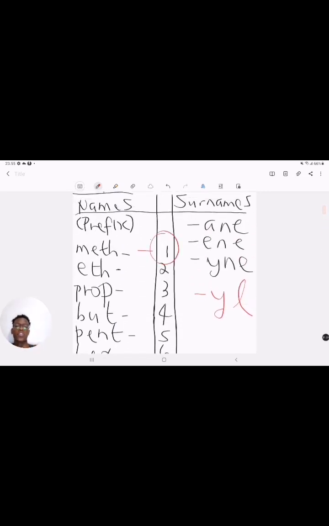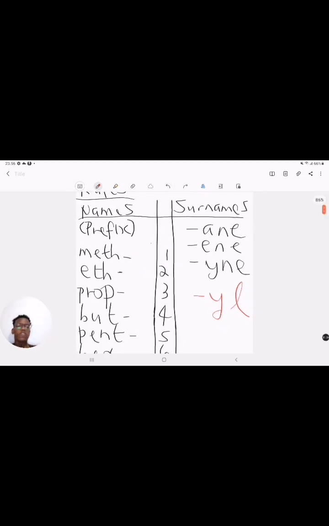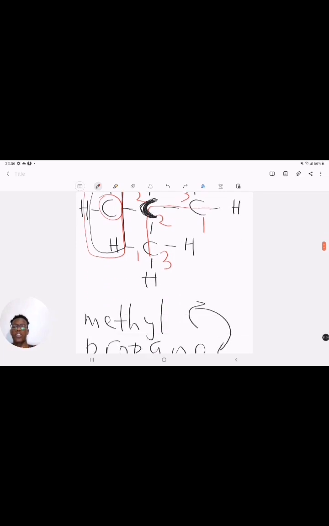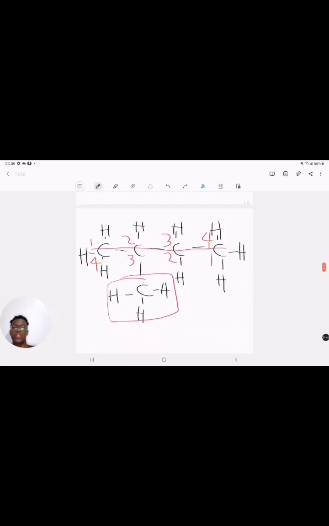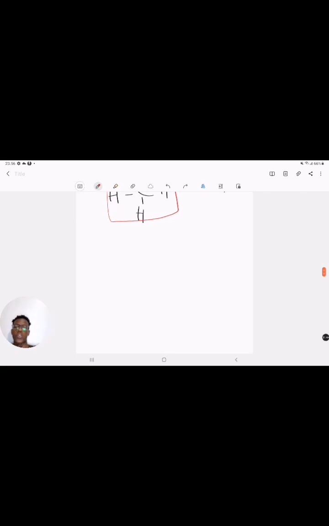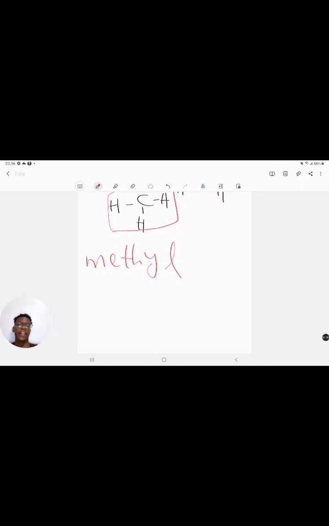One carbon atom corresponds to meth. Since one carbon atom corresponds to meth, you've got meth, and I know that this is an alkyl group. If it's an alkyl group, what is the last part of the name? It's methyl, right? Yl is methyl.